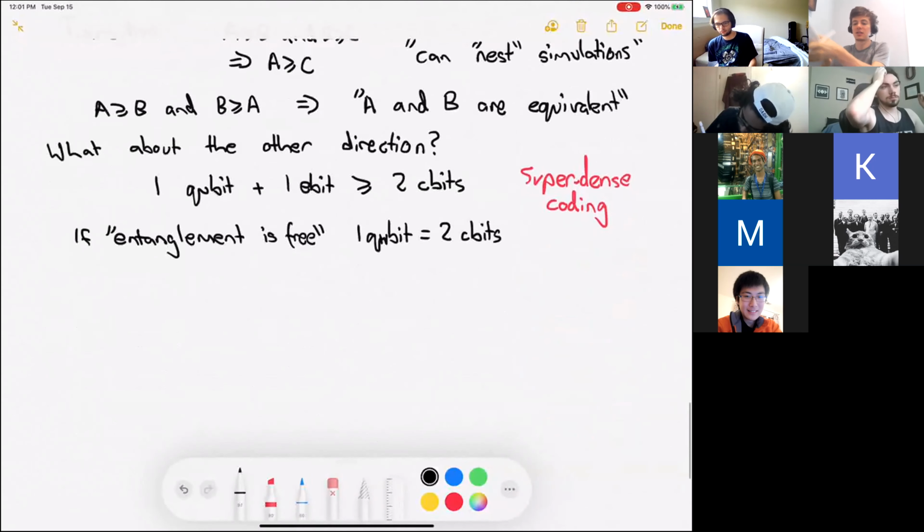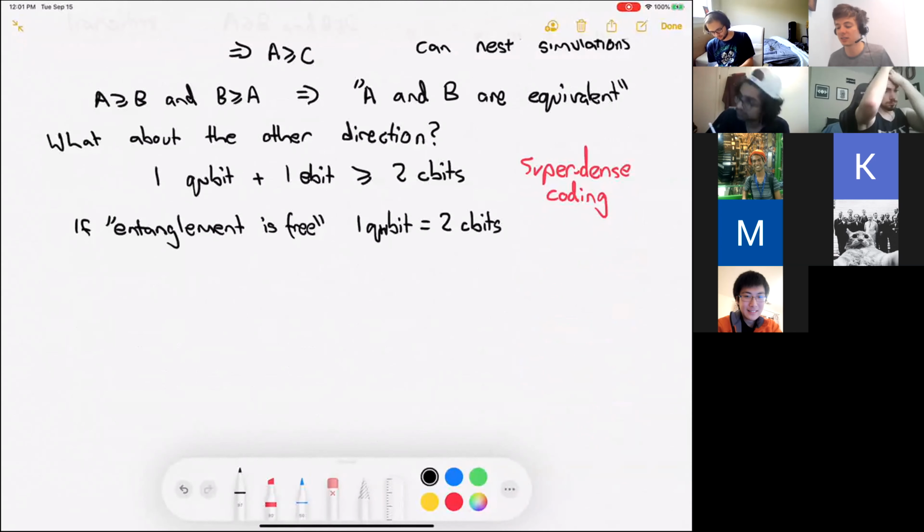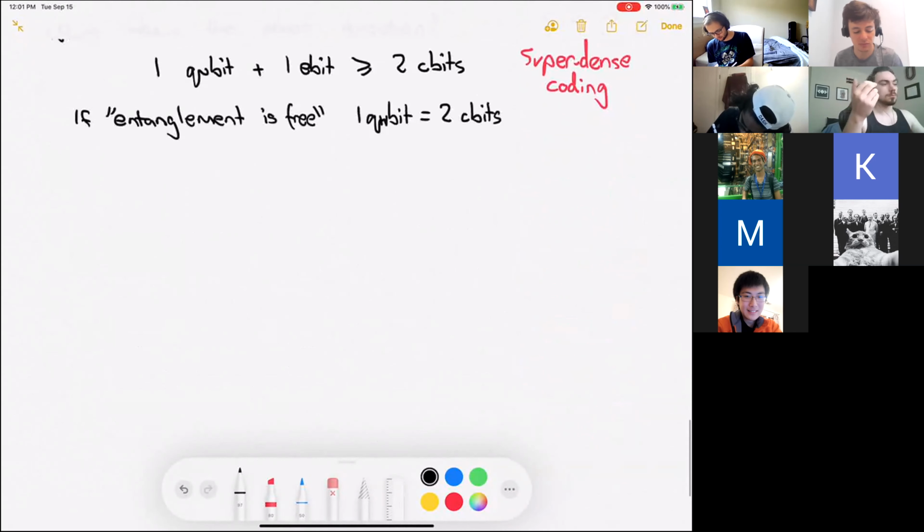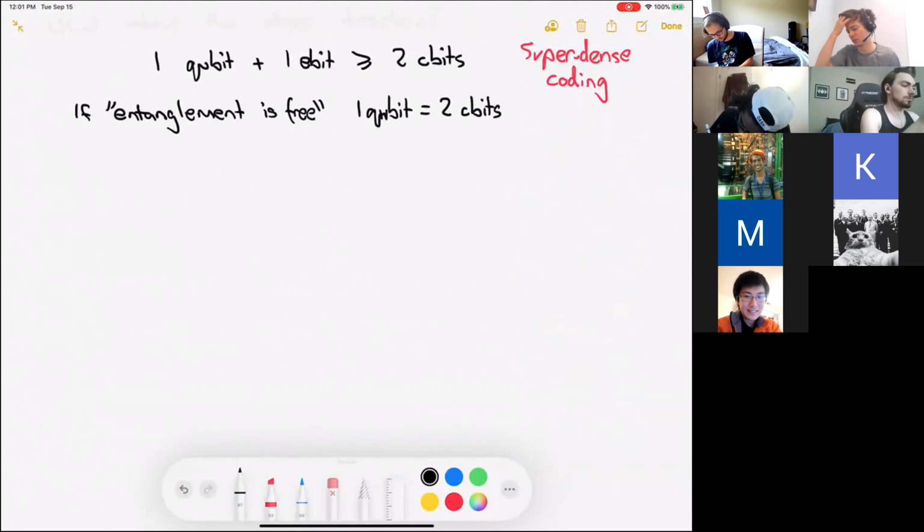Okay, so the rest of this lecture, we're going to see how super-dense coding works. Sort of similar to quantum teleportation. It's like in some sense a flip version of quantum teleportation. So let's again start by just drawing the circuit, and then we'll go through how it works.